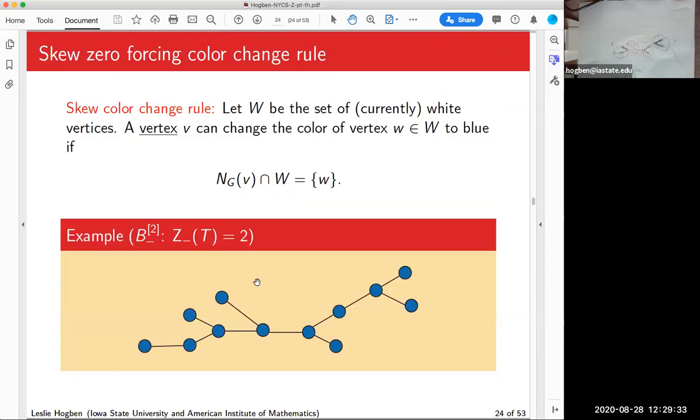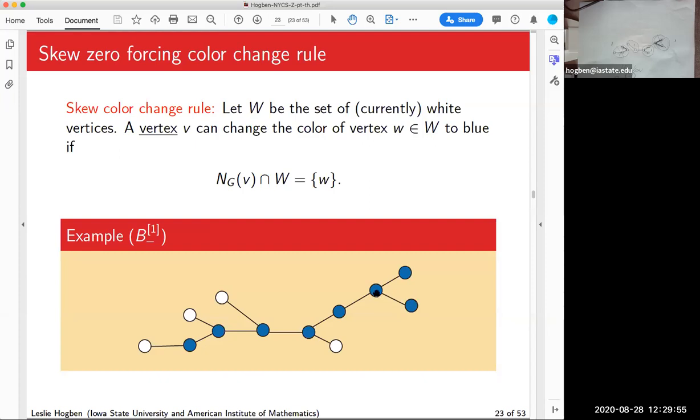Could you go back and show that again? Yes, we start here. So this blue vertex can force, this vertex can force. What forces the pendant vertex? Well, right now, nothing has forced the pendant vertices. Oh, that's the next step. Okay, thank you. I missed the steps.